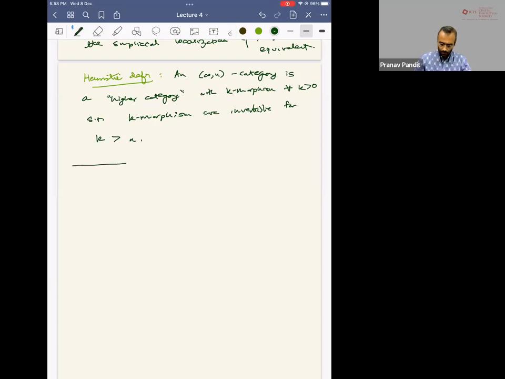So the simplest example would be just a two category.